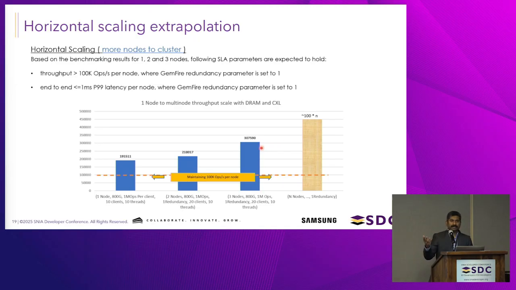Again, I want to reiterate that apart from the single node, all other configurations have redundancy on, so replication also comes into the picture. It's scaling up. We could not try more nodes, like 10 or 20, because we did not have that many nodes to try out, but this is just an extrapolation exercise.